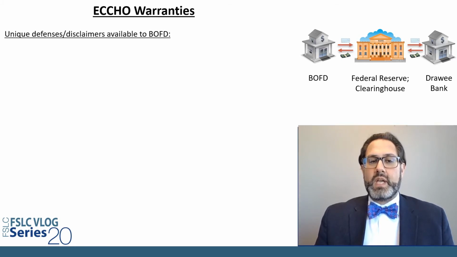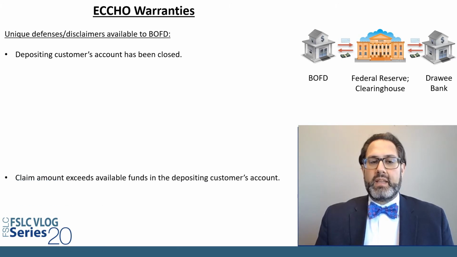There are, however, some unique defenses or disclaimers that are available under the ECHO rules. The first is that the depositing customer's account has been closed. So if the Bank of First Deposit has allowed the customer to close the account after making the deposit of a potentially fraudulent check, the Bank of First Deposit has a defense to a warranty claim from the drawee bank.